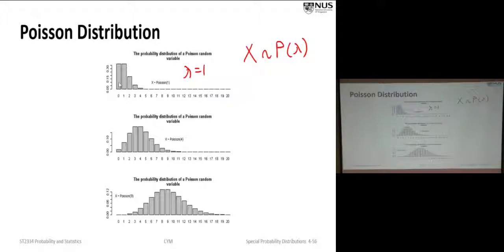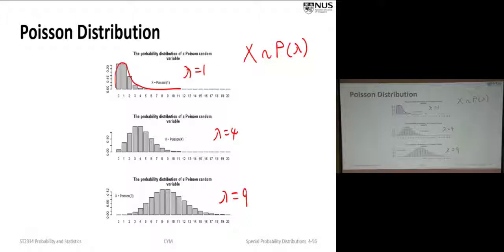All right, so this is sort of right skewed, while when lambda equals 4, it is less right skewed or more symmetrical, while this is lambda equal to 9. So you can see that as lambda gets bigger and bigger, the Poisson distribution seems to be closer to a symmetric distribution.